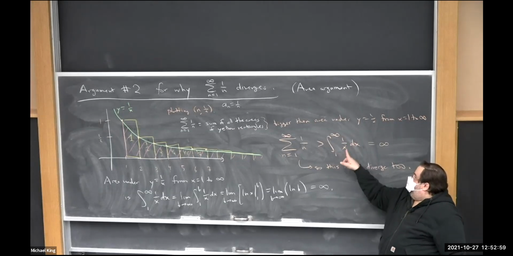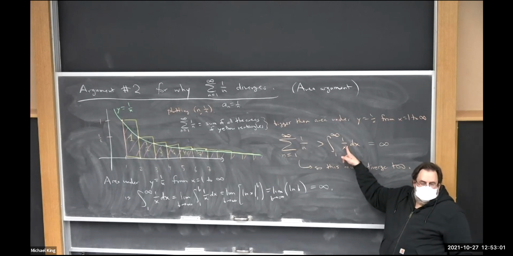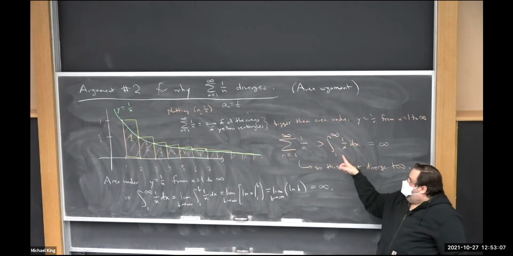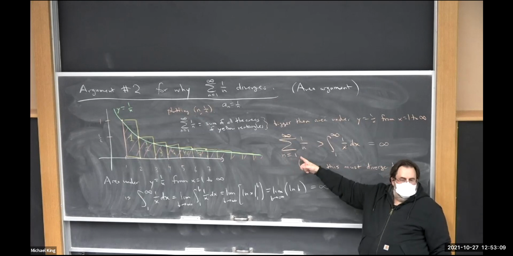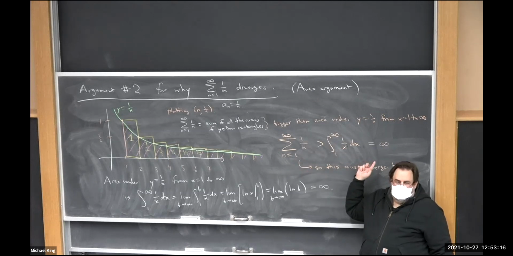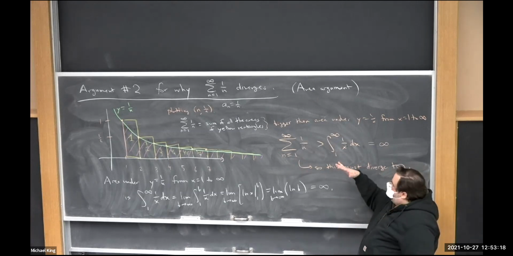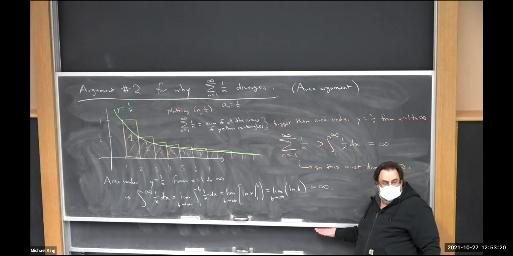But what does this integral do if it's 1 over x squared? What's the p-test say? It converges, right? So this would be finite, and this would be bigger. Does that mean this is definitely finite? No, we don't know. It could be finite or infinite. It's bigger than something finite, so it's not that helpful. We actually want to put these rectangles underneath the graph.